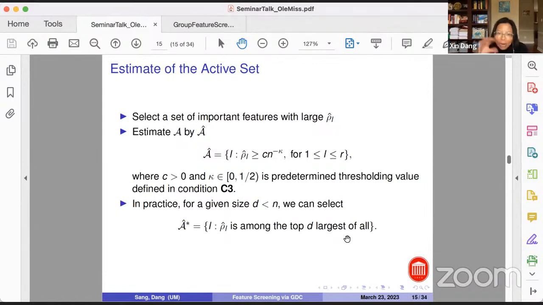So we rank the feature groups by the Gini distance correlation and choose the largest D. That's what we do in practice for the screening.